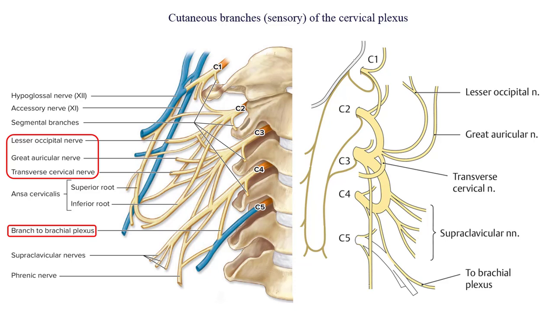Now, let's move on to look at the cutaneous branches of the cervical plexus that are sensory nerves. There are 4 sensory branches, namely the lesser occipital nerve, the greater auricular nerve, the transverse cervical nerve, and the supraclavicular nerves.